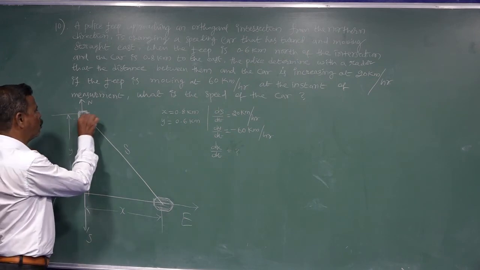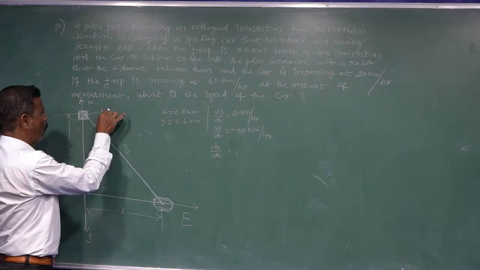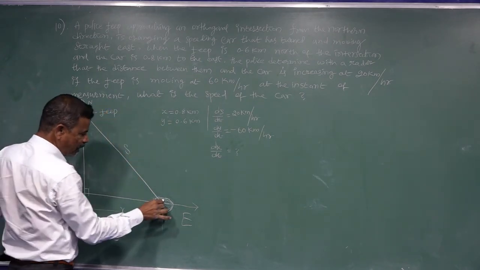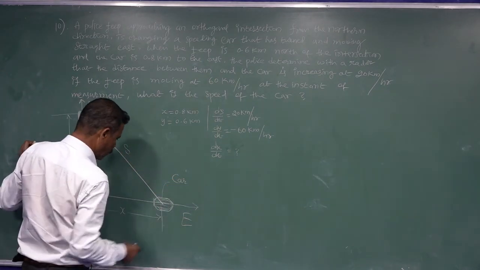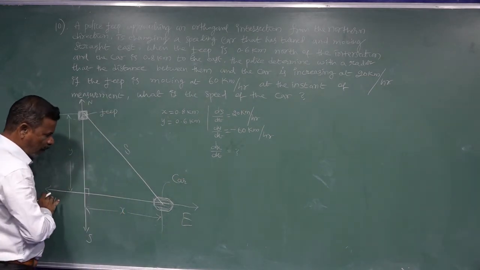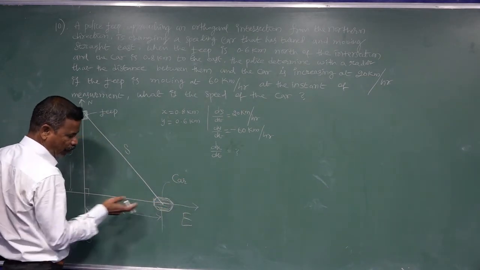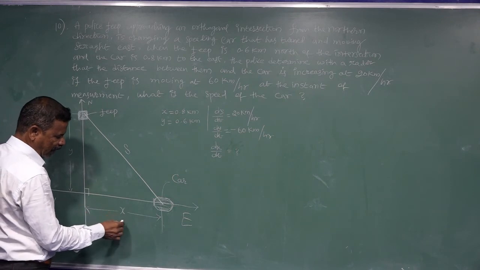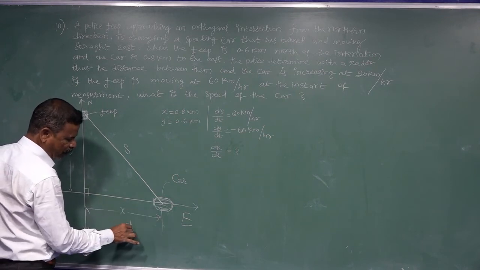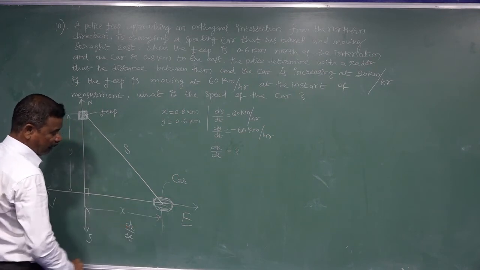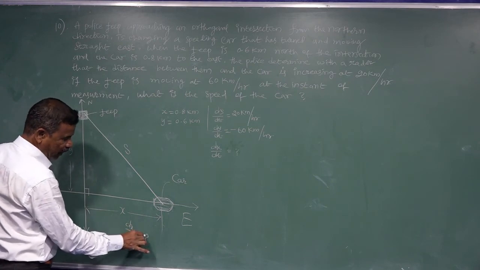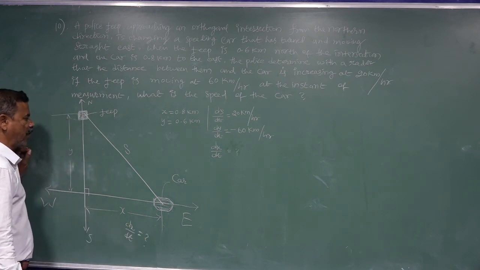This is the jeep. This is the car. The car is moving from left to right, the east side. So the x here is moving at rate dx by dt. He is asking this only: dx by dt, how much is it?